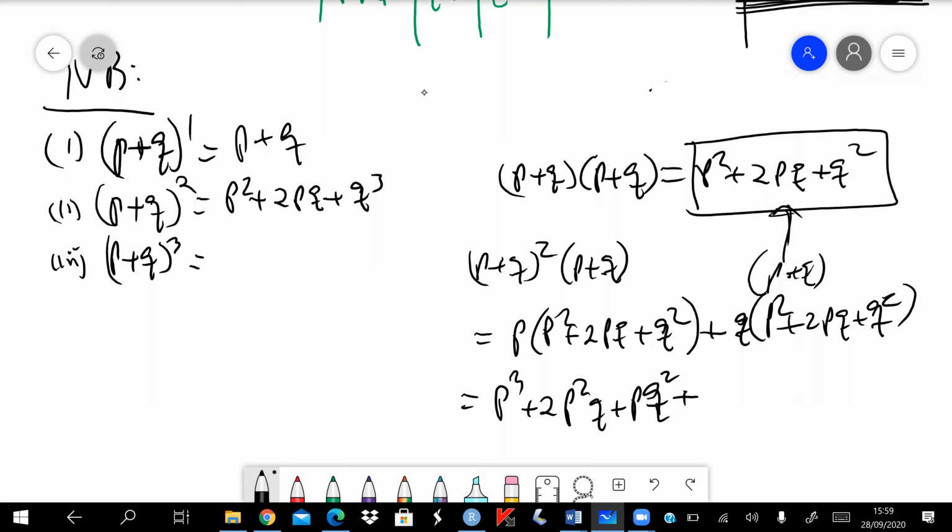Then crossing the other side, you have P squared Q plus 2PQ squared plus Q cubed.